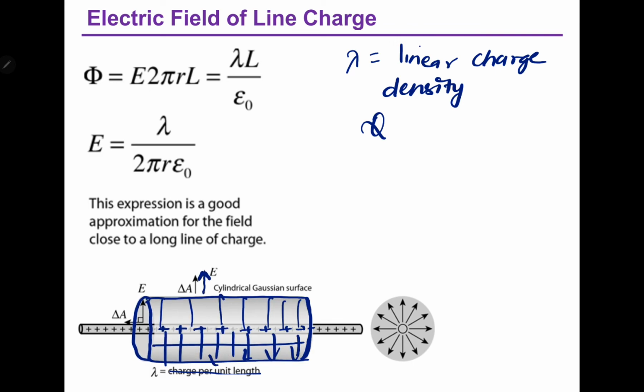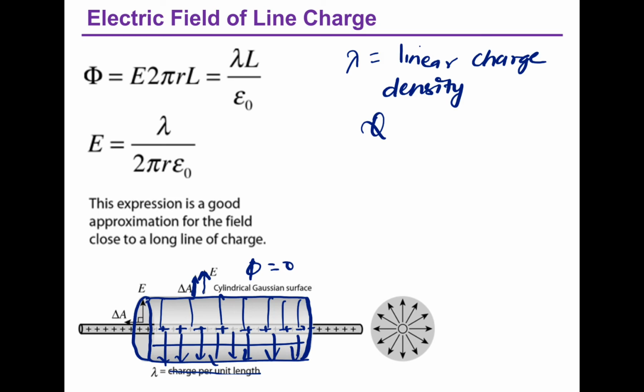This way, this way. So if you draw perpendicular to this surface, phi will be 0 here also, right? Phi will be 0.